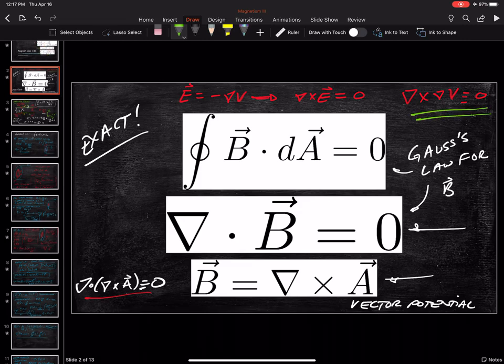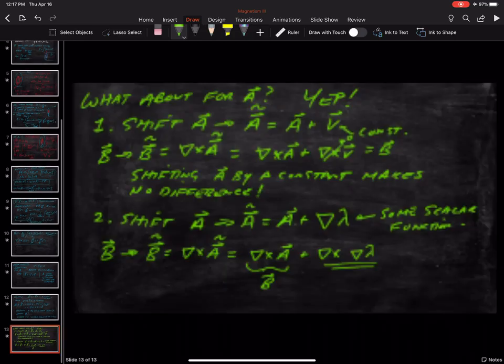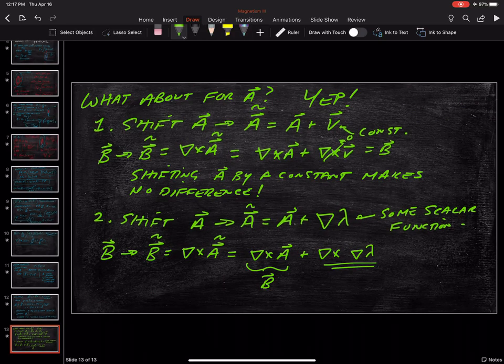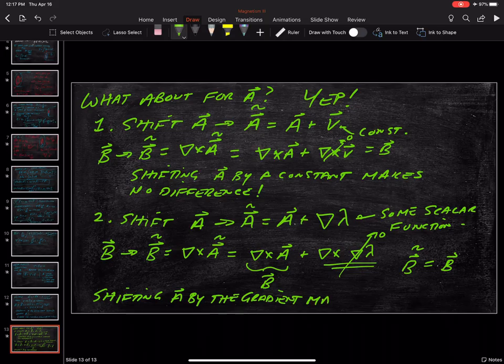Curl of the gradient of anything is always 0. And so, because the curl of a gradient is 0, this piece also goes to 0. And so this tells me that B twiddle is the same as B. So in other words, shifting A by the gradient of some function makes no difference. Okay? Makes no difference either.